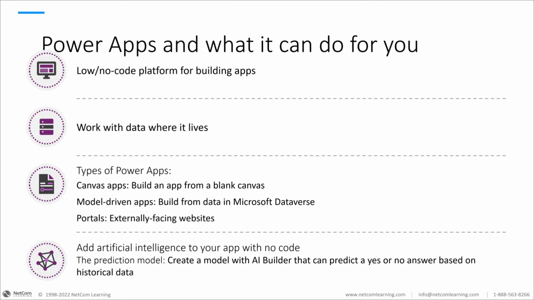But he was an example of somebody who had an idea of a problem that existed in the organization that he wanted to fix. And so he created a Power App on his own, in his own time, throughout his own learning, that is now used as an enterprise level application at one of the busiest international airports in the world. So if that gentleman can do it, then anybody can do it.